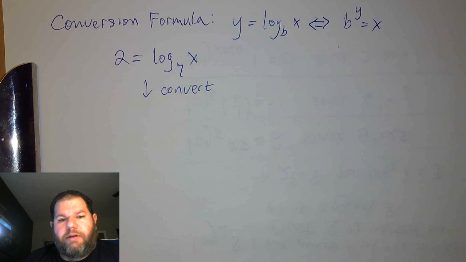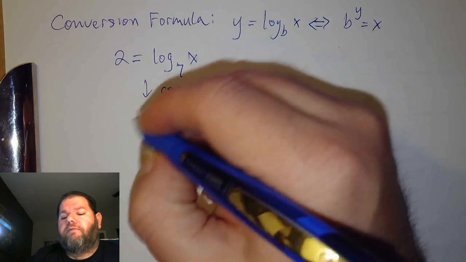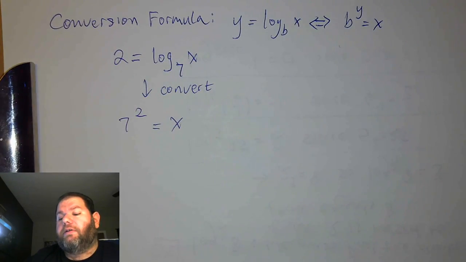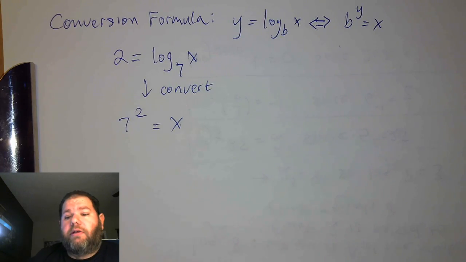Well, it'll be 49. What would the conversion be, first of all? Well, the conversion would be 7 to the second power equals x. And then we can conclude x is 49.